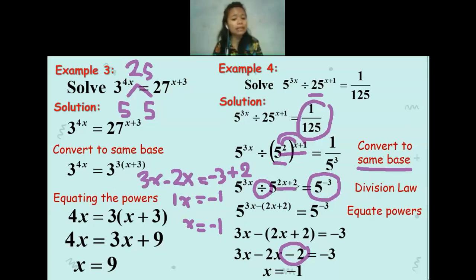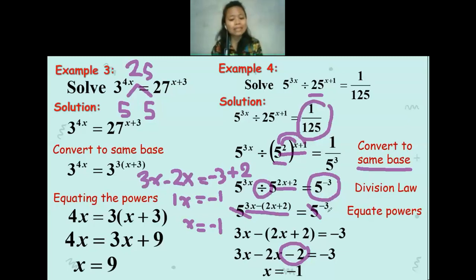So now I have 3x minus open bracket 2x plus 2. When the next index has two terms or more, you have to put it inside the bracket. That's why we have 3x minus open bracket 2x plus 2. And then we simplify the base because it only has one base, so we can directly cancel everything. We copy paste the index.